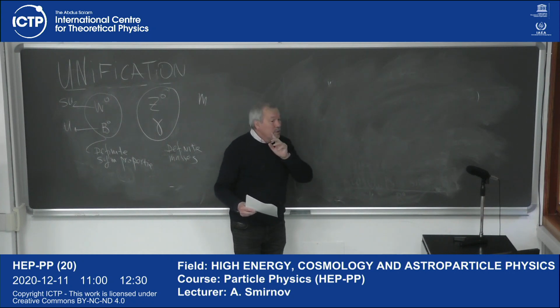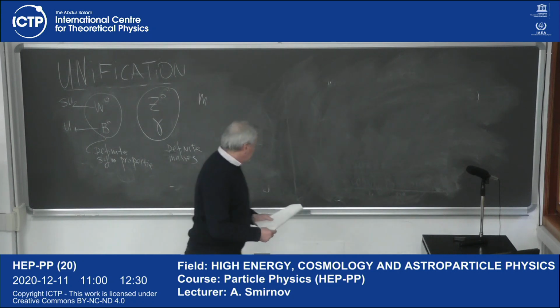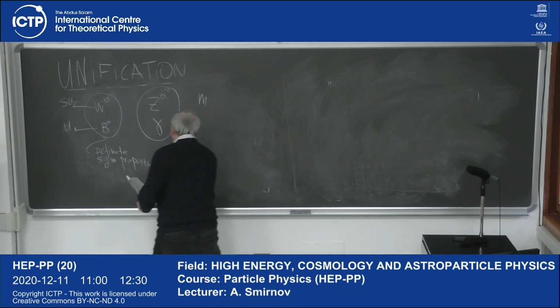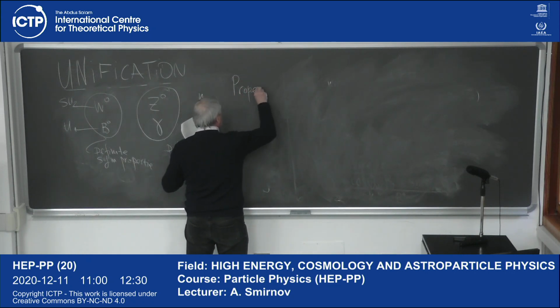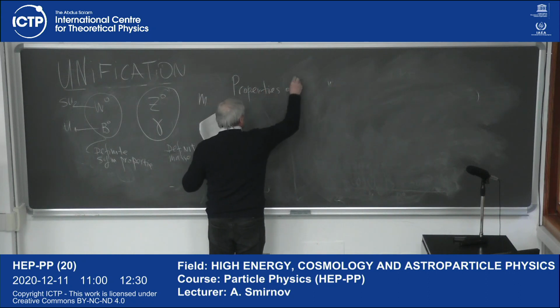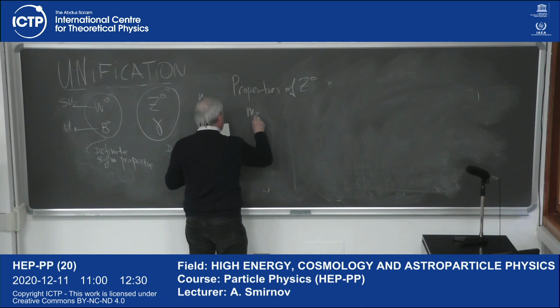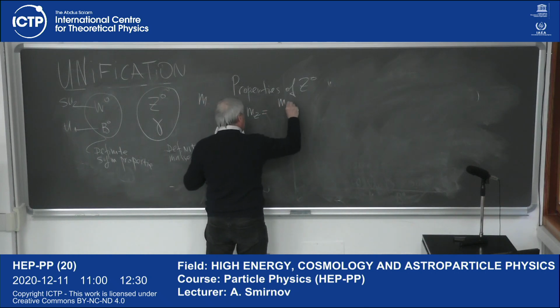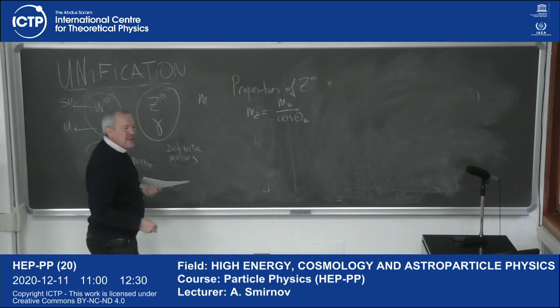We can get a very good unification of everything in grand unification, the SU5 theory. But this is a separate question. So, properties of Z0: it's massive, and the mass of Z0 is given by the mass of the W boson over cosine theta weak. This weak mixing angle is a very important parameter.